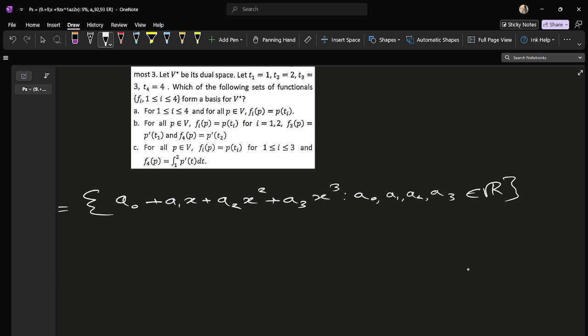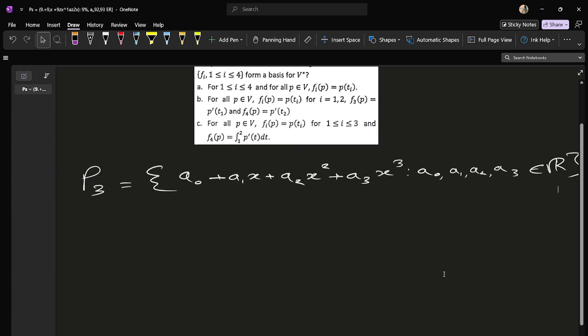Okay. So now, which of the following sets of functionals fi, where i is running from 1 to 4, that means i equals 1, 2, 3 and 4, form a basis for V star? They are telling us about the dual space.